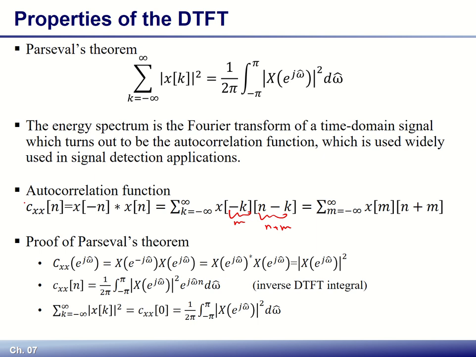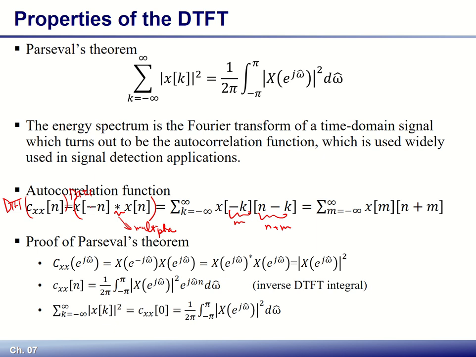When you take the DTFT of this, the convolution will be multiplication, and x[n] will be X(e^{j omega hat}).